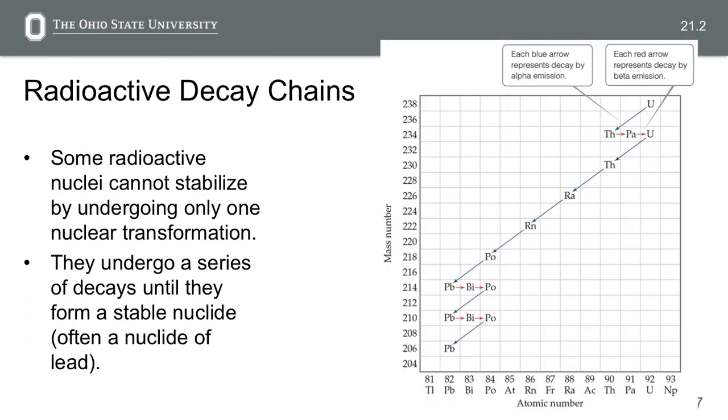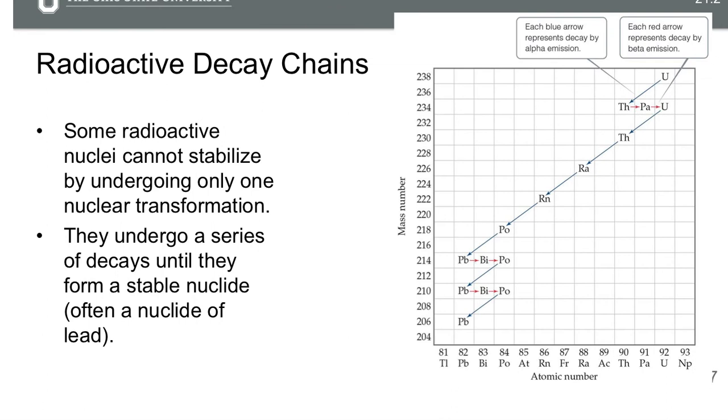Radioactive decay chains. Let's do this and then we will pause it. There are some nuclei that will undergo one transformation and still aren't stable. Uranium is a good example of this. Basically the nucleus will undergo a series of decays until eventually a stable isotope is formed.